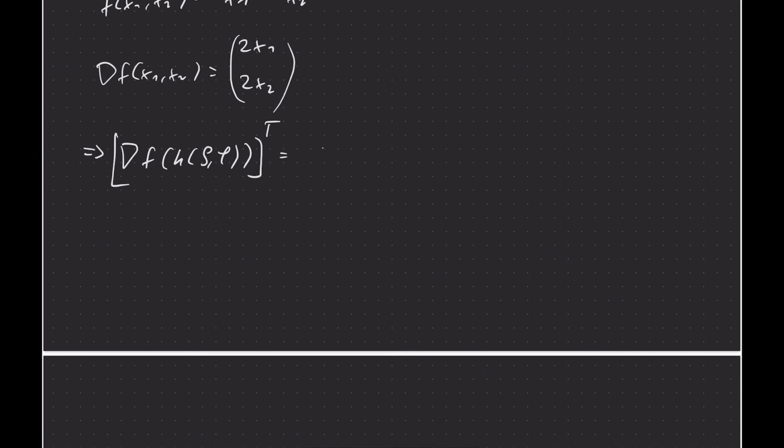So that means we need to differentiate f first. So that's the gradient of f at h of rho and phi, transposed, times the Jacobi matrix of h at rho and phi.